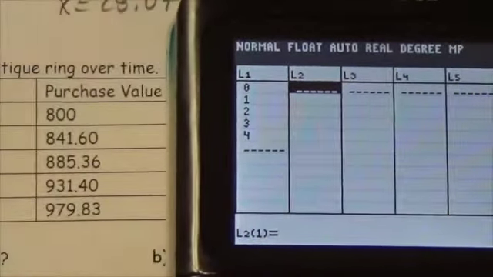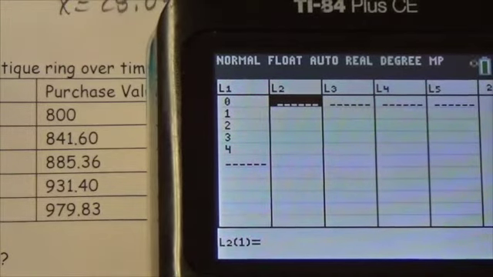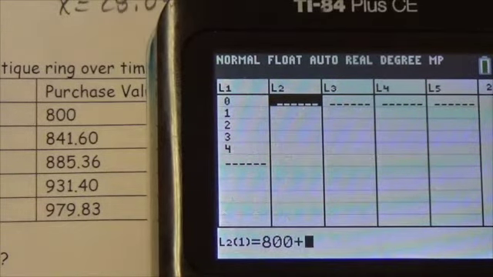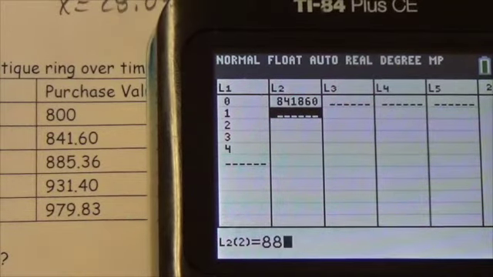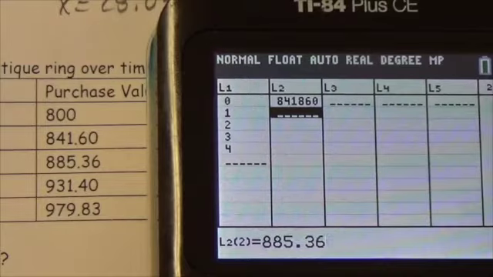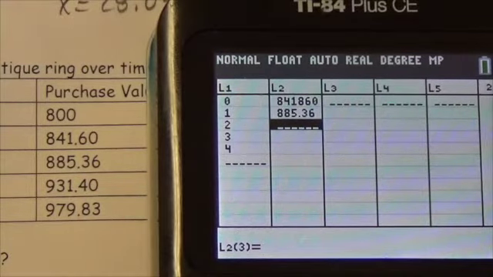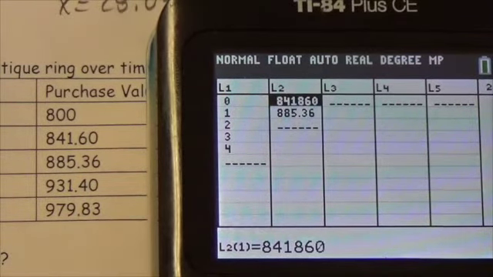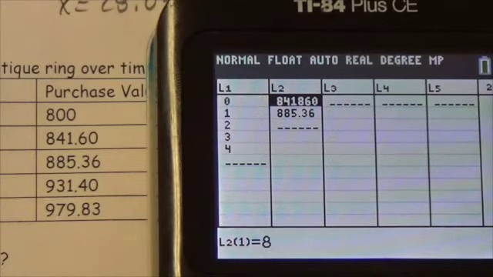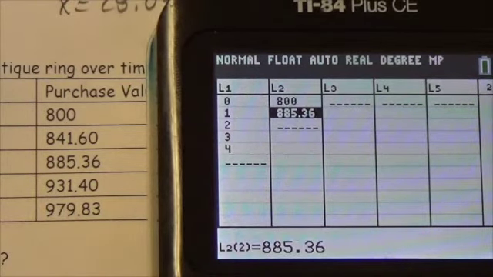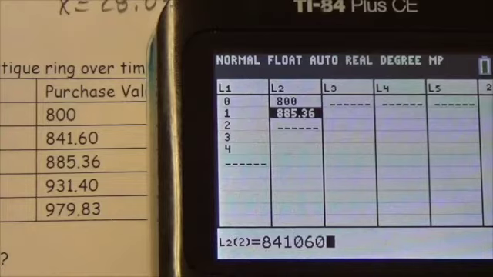Now my list 2, and it's 800, 841.60, 885.36, and I can see right now that I did not press enter up there to make that work here. So let's do it again. 800, enter, 841.60.